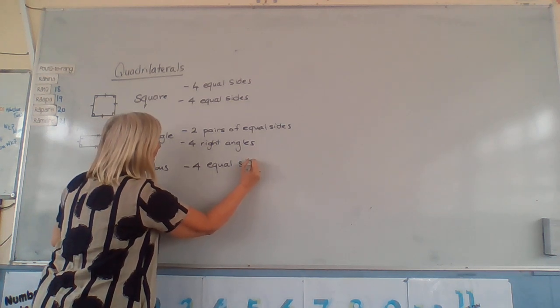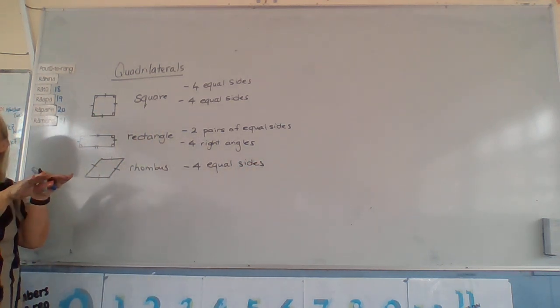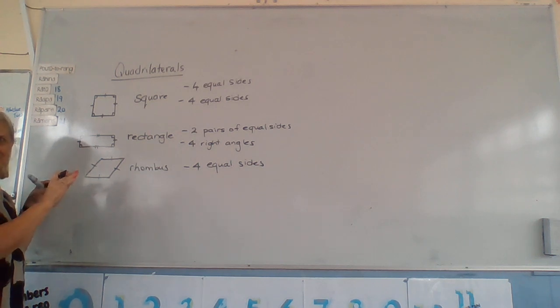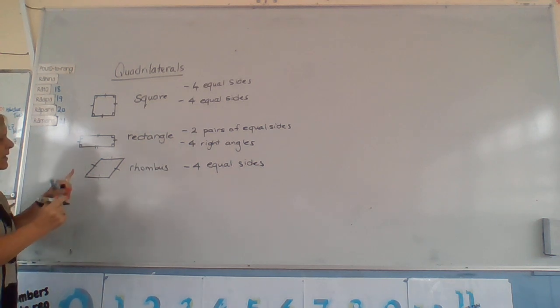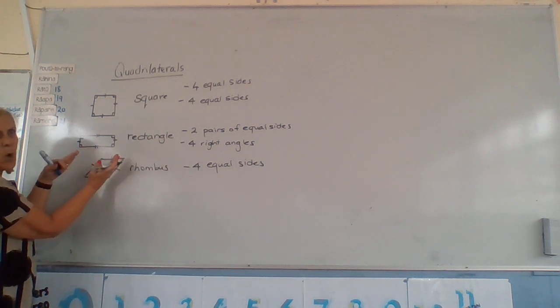So now if I grab my rectangle, I do the same thing and push that over, what will I get? Yes, a parallelogram. Now, just going back to this rhombus for a minute, these 2 sides here are what?